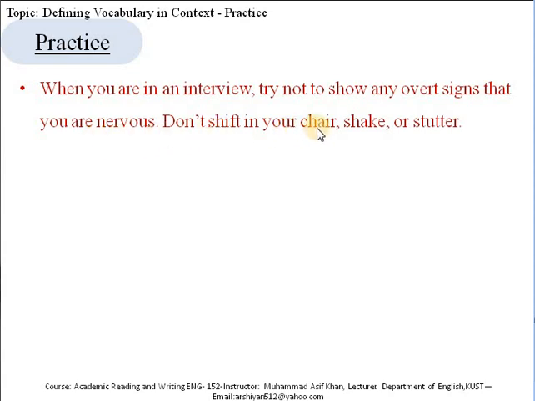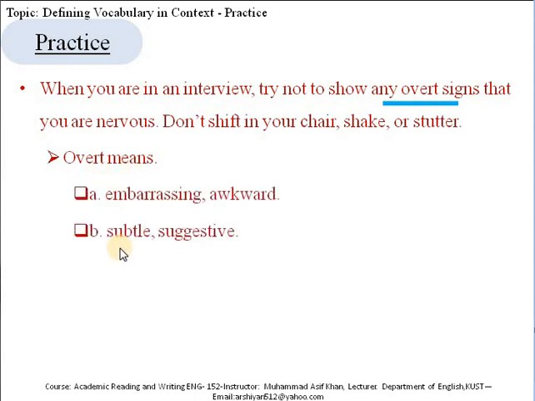Don't shift in your chair, shake or shudder. Now you have to find out the meanings of the word overt. And I am giving you three options. The first one is embarrassing, awkward. The second option B, is subtle, suggestive. And option C is obvious, not hidden.